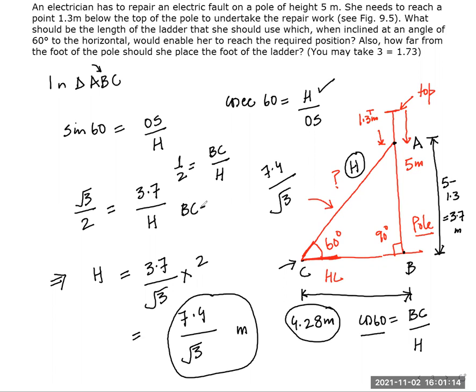So BC will be equal to H divided by 2. H divided by 2 is again 7.4 divided by 2, that is 3.7, if I'm right, 3.7 divided by root 3. So this is another answer. You can find out the hypotenuse, you can find out this distance also. Okay, so we can go further, do some more sums, students.